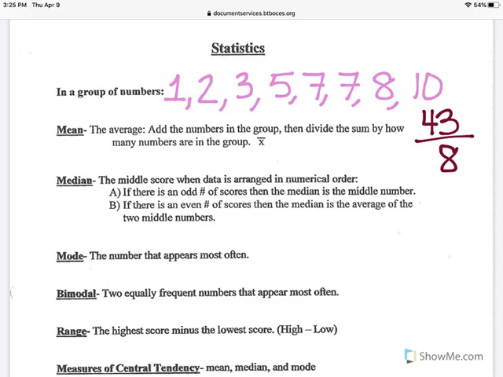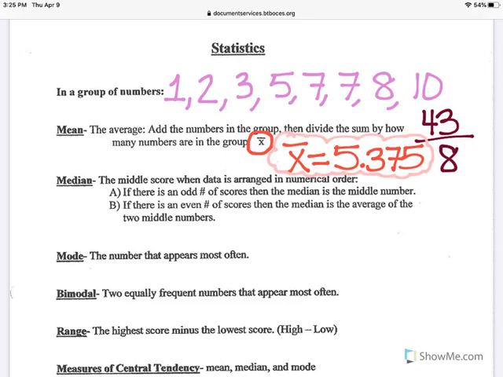Instead of writing out the word average or mean, we are going to use this symbol: x with a line above. When we divide 43 by 8, we get 5.375. So that is our mean.